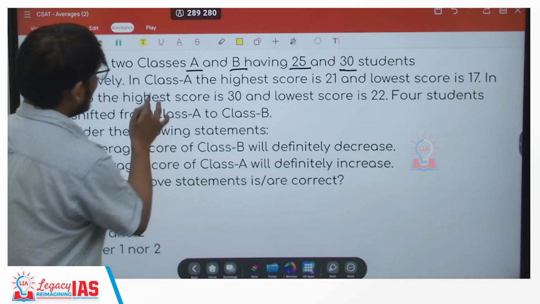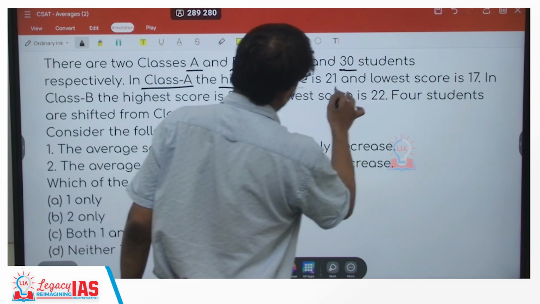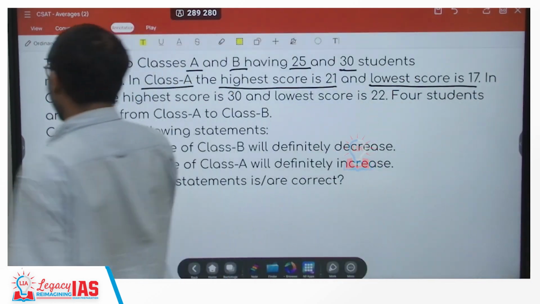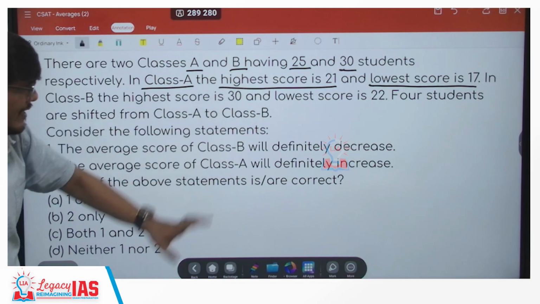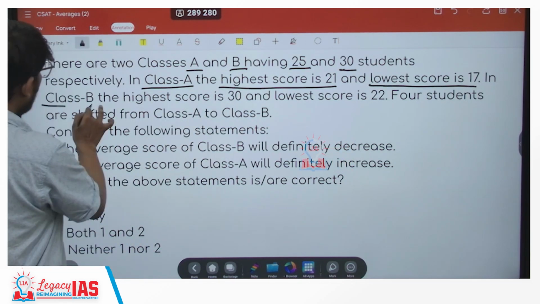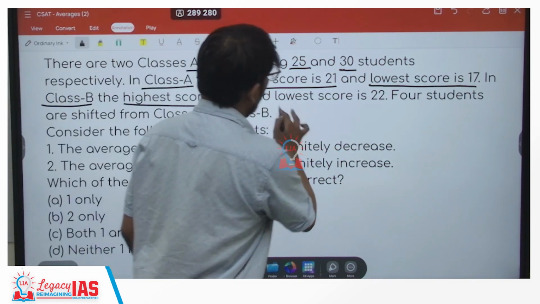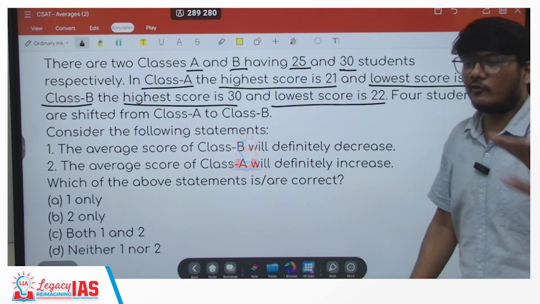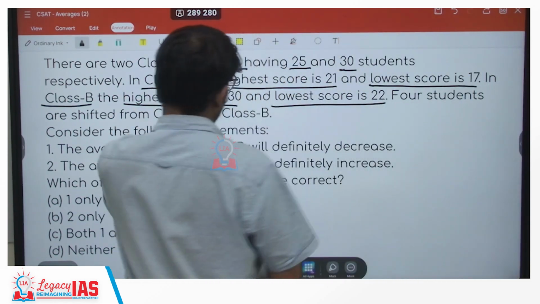In class A, the highest score is 21 and lowest score is 17. In class B, the highest score is 30 and the lowest score is 22. Clear? Now, understand the concept of highest, lowest and average.